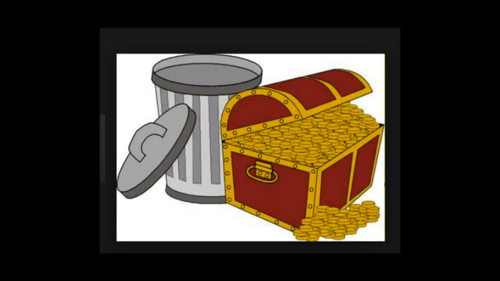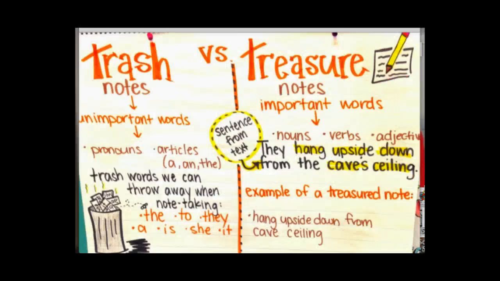So here's one thing to picture as you're going through the text that you will have to read: trash versus treasure. I just want you to remember as you take your notes, focus on the treasure, the important words, the nouns, the verbs, the adjectives.